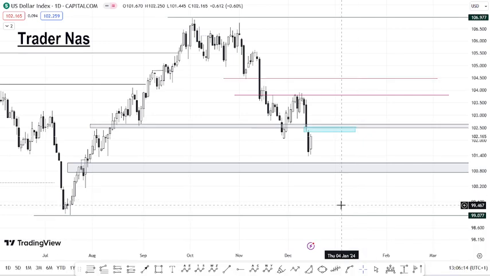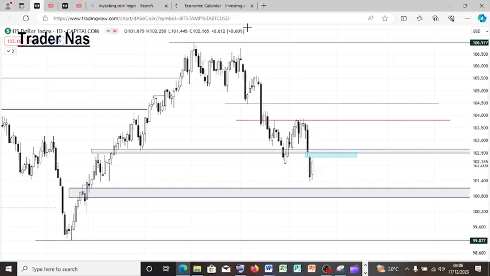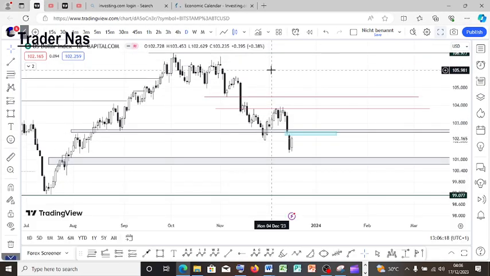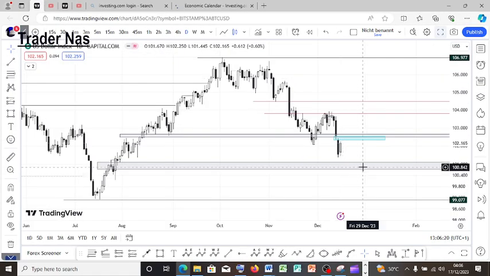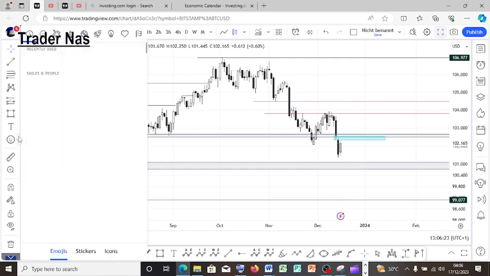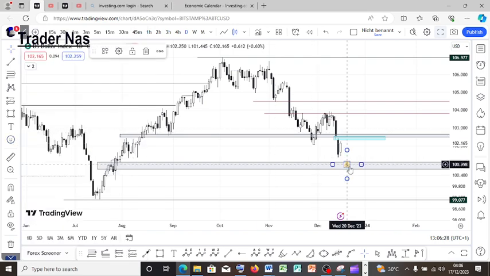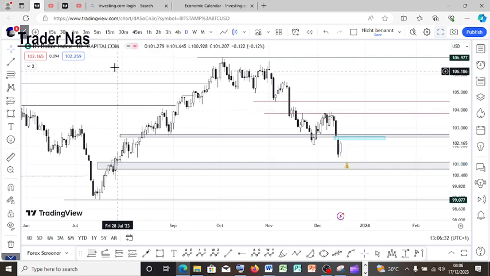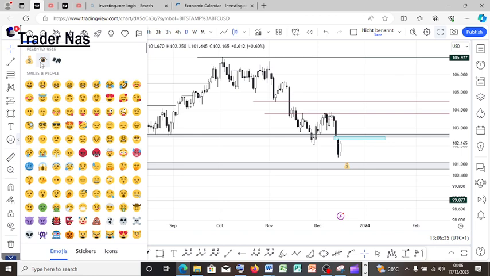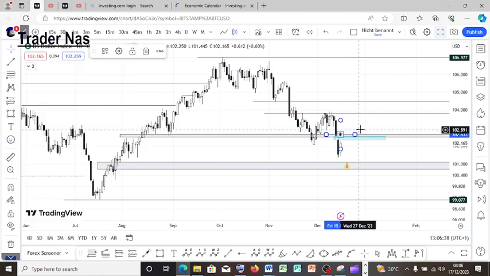Do your analysis on the bigger time frame, on the bigger picture, and you will see something, guys. So this was the $1 imbalance, and the target is this one. Let me mark it like this. Yes, so that is the target, and this one is the key area to watch, guys, because the eyes are there.